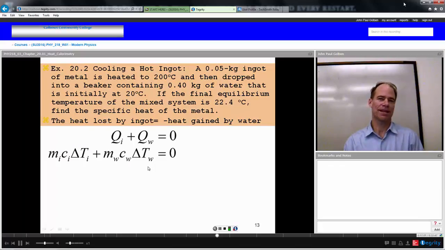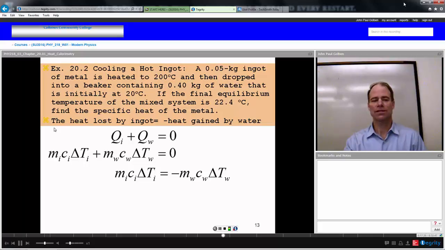For the ingot, the final temperature will be lower than the initial temperature, so final minus initial will be a negative quantity, and the heat exchange for the ingot is going to be negative. For the water, the final temperature is higher than the initial temperature, so the change in temperature is positive, and the heat exchange for the water will be a positive heat.